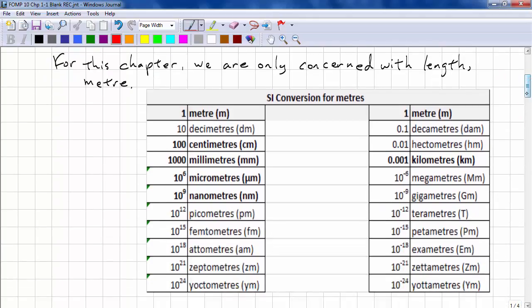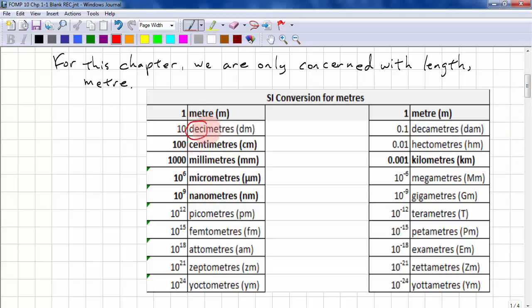So here's a conversion table. This conversion is getting smaller units. Because we have smaller units, we have more of them to make 1 meter. And here we have larger units. Again, we have fewer of these to make 1 meter because it's larger. So get used to which ones are larger and which ones are smaller.